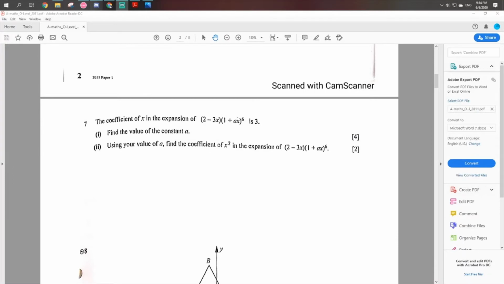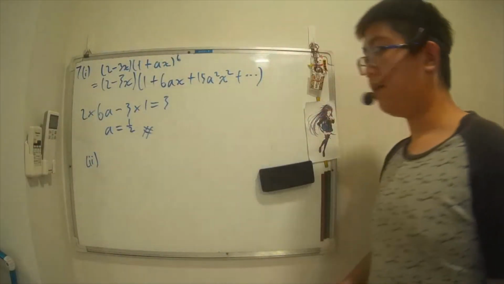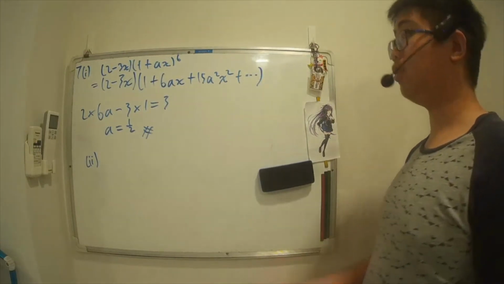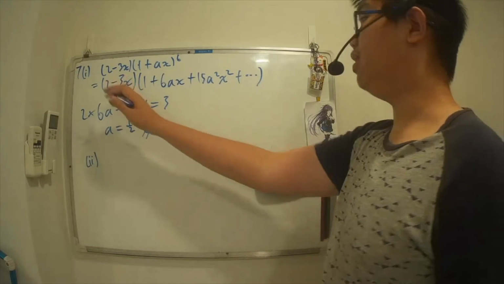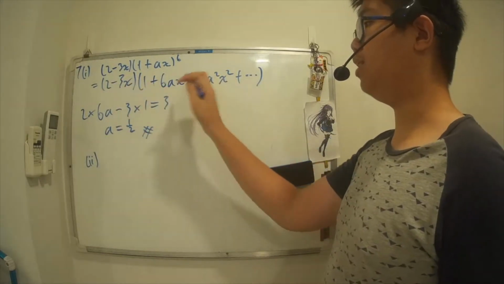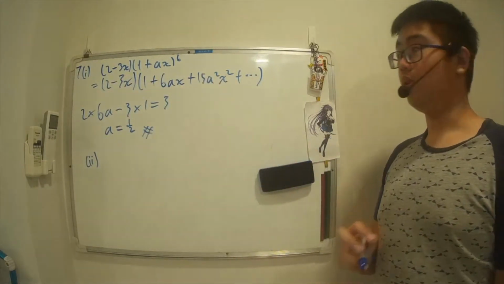The second part is just using the value of a, find the coefficient of x squared in the expansion of the same thing, right? Okay? So part 2, we need to find the coefficient of x squared. To find the coefficient of x squared, we need to consider this and this, this and this, right? Okay?